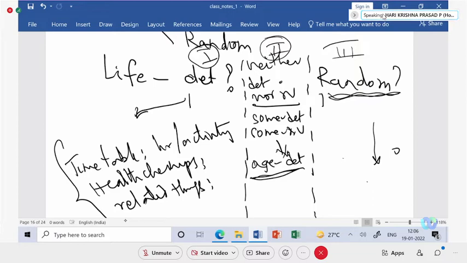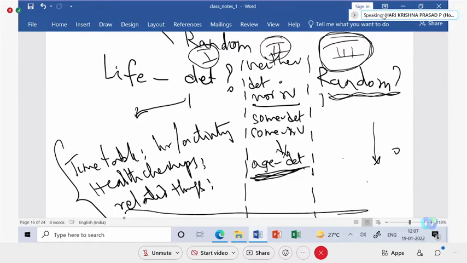So people have come into NIT Warangal. That is how life becomes sometimes deterministic, sometimes random. So it comes under the second column. Any further explanation from your side, please? This is how I used to explain the concept of random experiment. Anyone would like to add further?